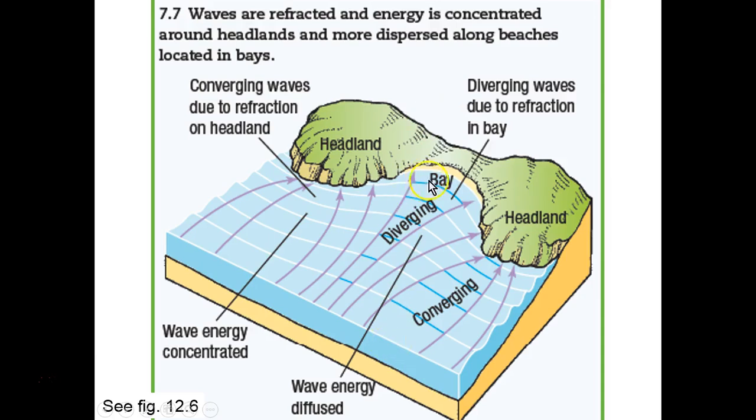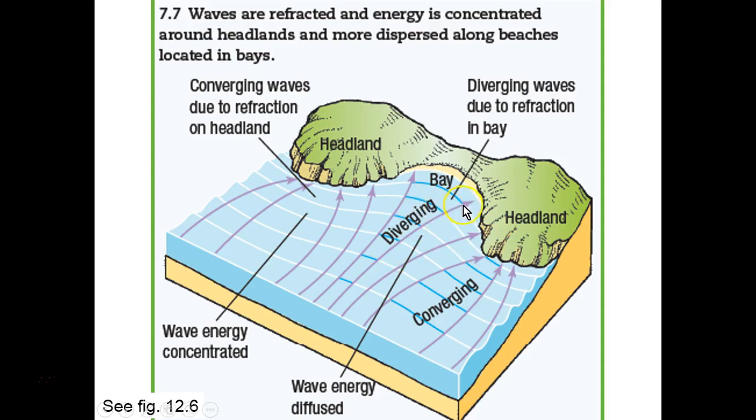Okay, so if you have an area on land that has land that juts out, and then you have land that is tucked back in, the wave energy will be directed at the land that is jutting out, because one side of the wave will slow down and turn towards the more shallow area, right? So it turns towards the land that's jutting out.